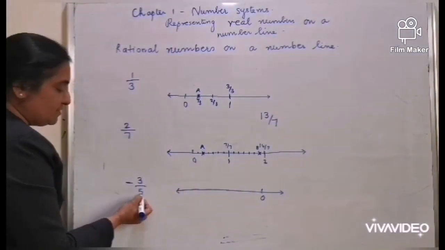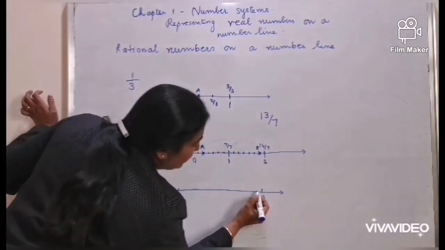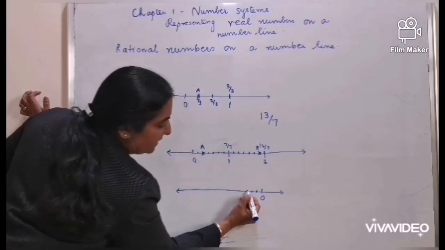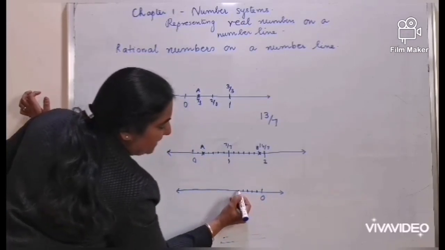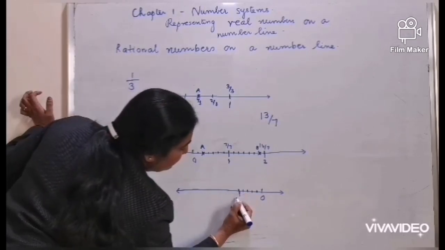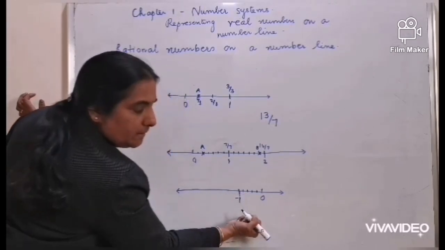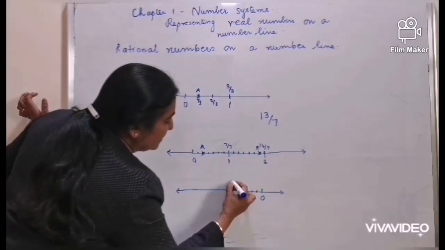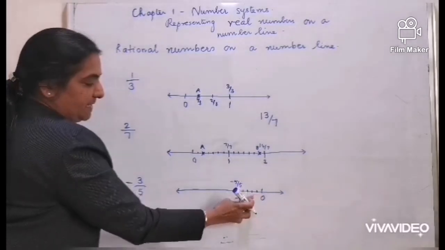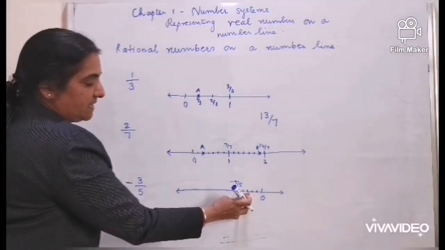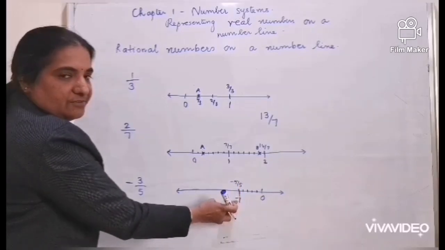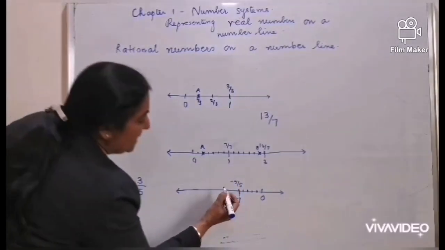The denominator gives you 5, which shows that the small divisions you can count as 1 by 5, 2 by 5, 3 by 5, 4 by 5, 5 by 5, which represents minus 1, or each point will represent minus 1 by 5, minus 2 by 5, minus 3 by 5, minus 4 by 5, minus 5 by 5, which gives you minus 1.